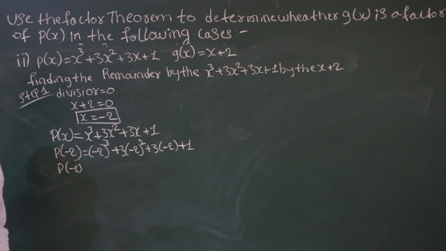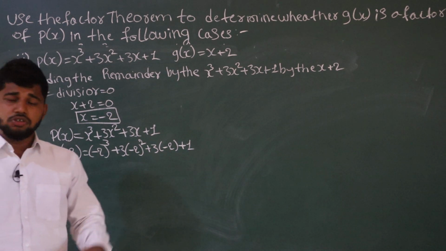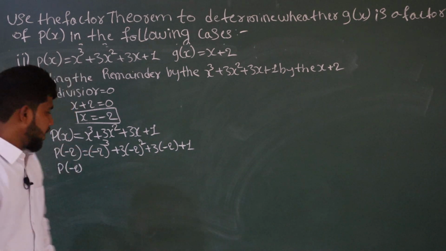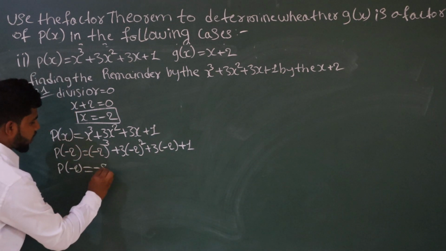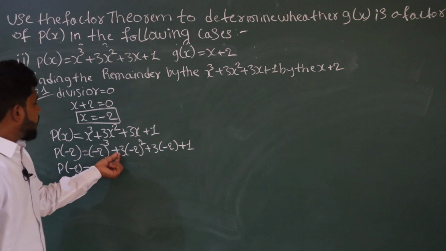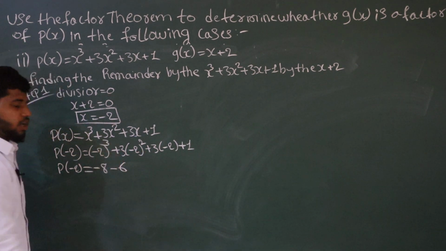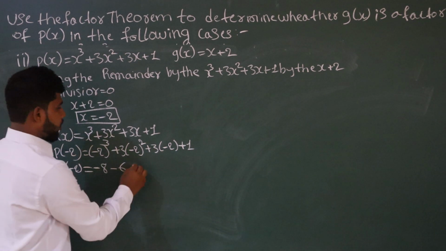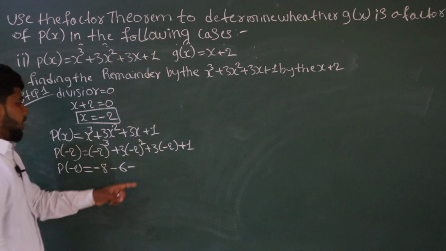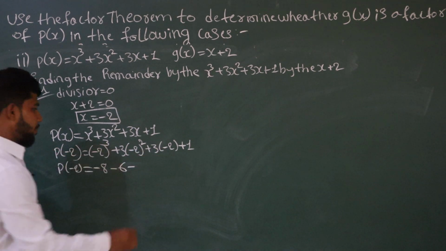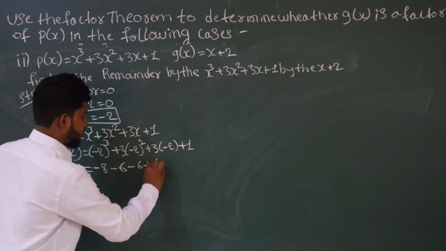if you multiply minus 2 three times, you will get minus 8. Plus 3 into minus 2 you will get minus 6, and the plus 1.